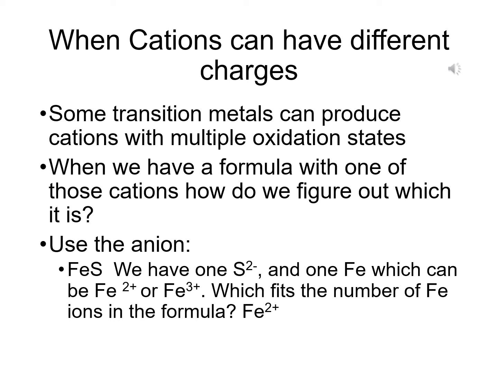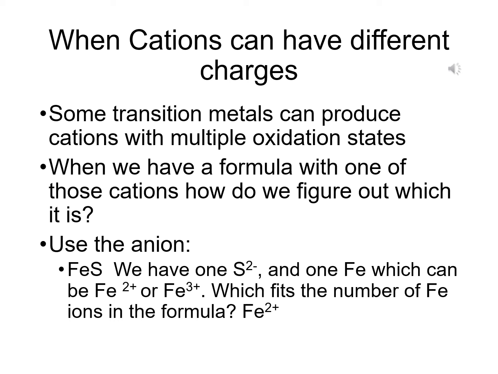So if we were to take a look at that iron and sulfur compound, we know what the charge on a sulfide anion is. We know it's 2-. And we know that iron can have a charge of +2 or +3. And we see that in the formula, we have 1 iron plus the sulfide with a -2 charge that gives us a charge balanced compound with a charge of 0.